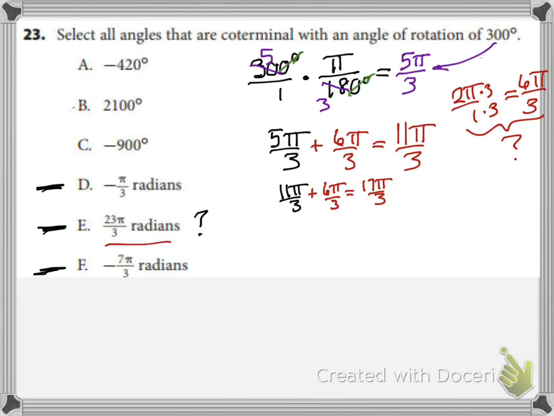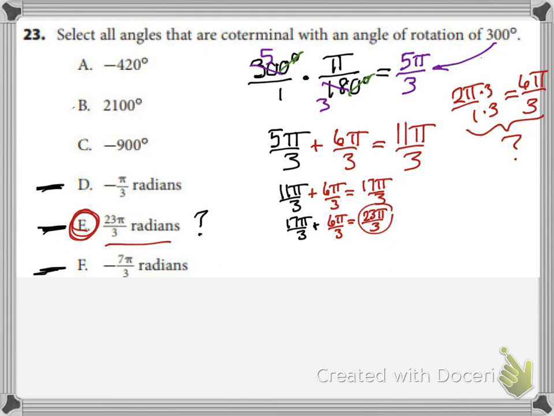Still not big enough to match that. So I'm going to take 17 pi over 3 plus another full circle. This is 2 pi, 6 pi over 3. And 17 plus 6 is 23 pi over 3. Yes, that's the one I was hoping for.